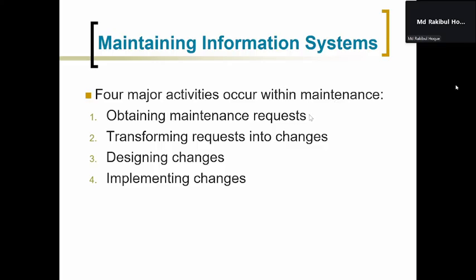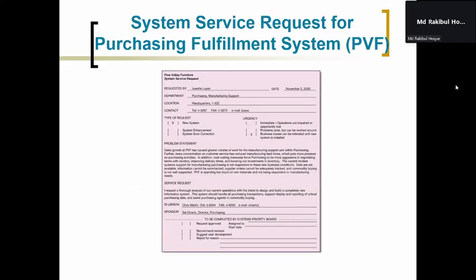So this is a simple form by which you can request the maintenance. Actually, you need to mention the name of the organization, who requested, and which department requested the maintenance. Like you develop the system for different departments of the organization. Maybe accounting or HR department, they need some maintenance services. So this department can request for maintenance.